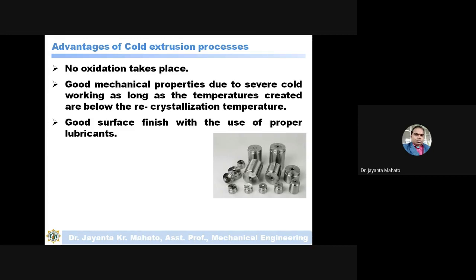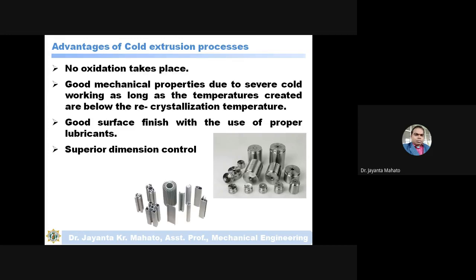Sometimes, at a high temperature, above the recrystallization temperature, in the case of hot condition, there is a chance of the surfaces of the hard material sticking. And there is superior dimension control, meaning close tolerance can be obtained by this cold extrusion process.